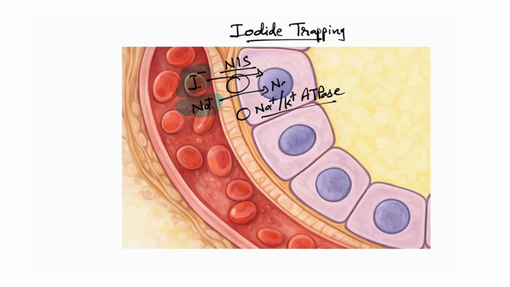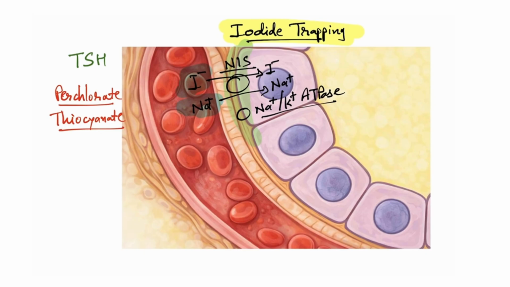So, sodium enters the cell and iodide comes along with it. This is called iodide trapping. This step occurs at the basolateral membrane. This step is stimulated by thyroid stimulating hormone, TSH, and inhibited by perchlorate and thiocyanate.